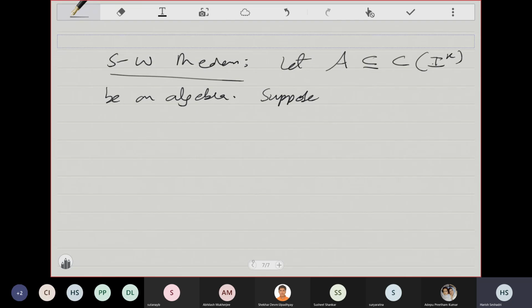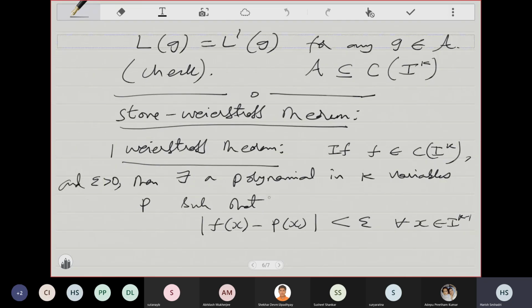Oh, by the way, where does this algebra business come into the picture? Well, you notice that if you look at the set of all polynomials, that is indeed an algebra. That is a vector space. The set of all polynomials is a vector space, and if you multiply two polynomials, you again get a polynomial.